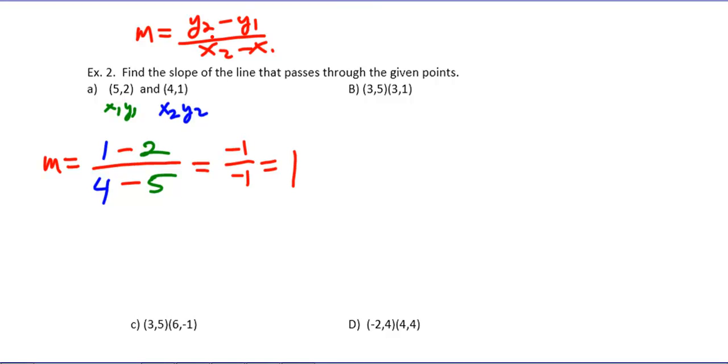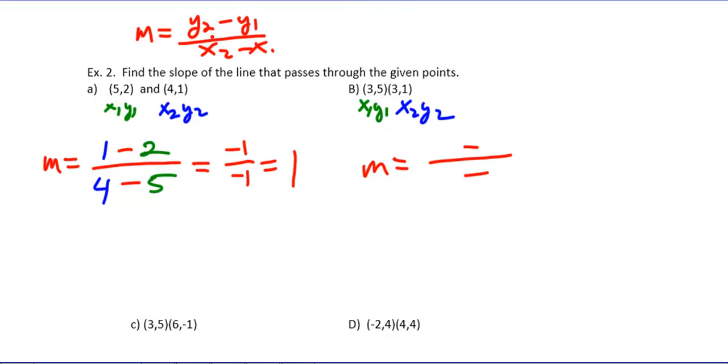Okay, let's take a look at the next one. Again, first thing I'm going to do is label it x1, y1, x2, y2. Again, my formula has subtraction in it.